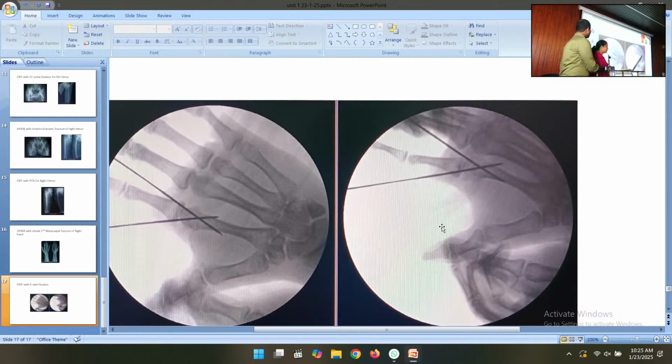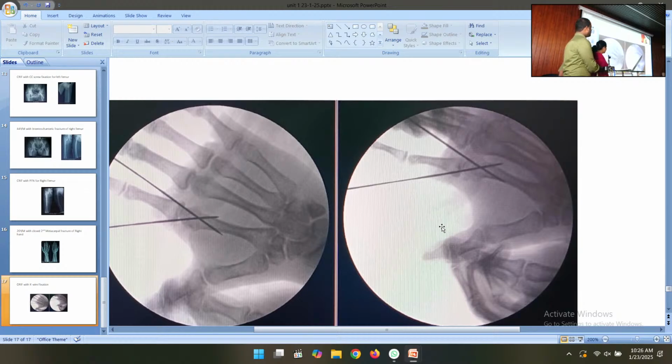So instead of tampering with the extensor mechanism or the joint or the capsule or the ligament, you can make a small drill hole here, cut a K-wire and bend it slightly at the tip, for about 2 or 3 millimeters. Introduce the K-wire from the base of the metacarpal, and after reduction under C-arm, drive the K-wire almost up to the subchondral bone so that you will be able to start movement of the finger immediately after surgery.